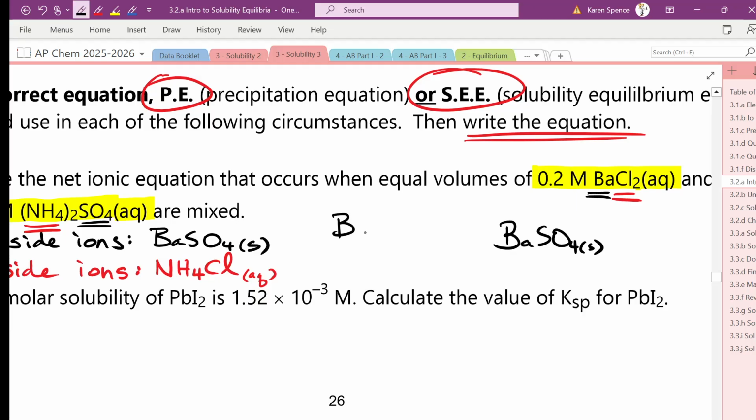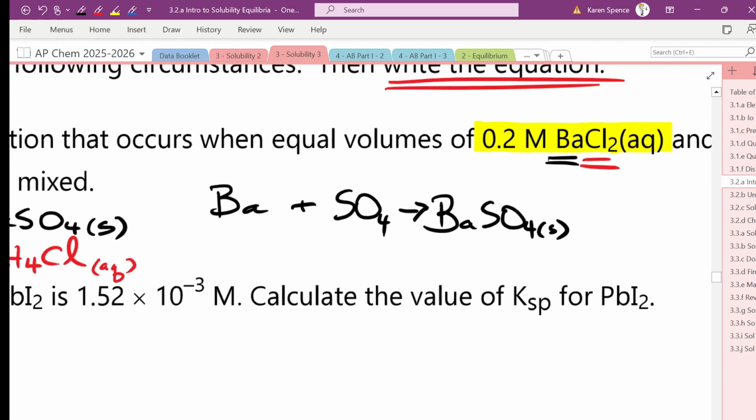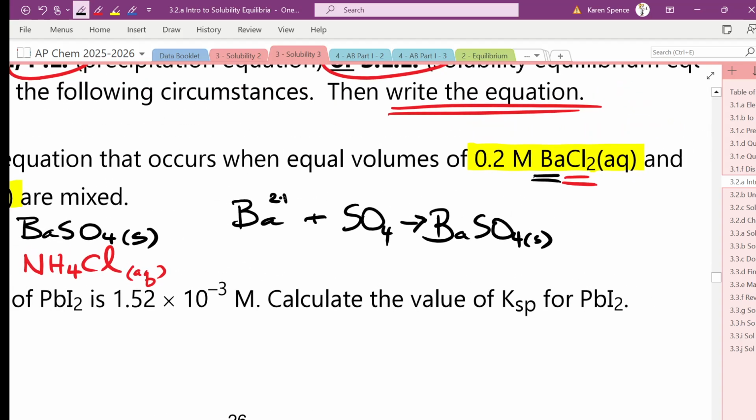Ba and SO4? One-way or two-way arrow? One-way arrow? What am I missing? Charges, 2 plus, 2 minus, anything else? States, aqueous, and aqueous. Okay, and we're done that one. Yes? Cool.